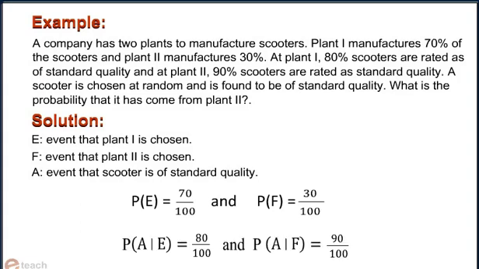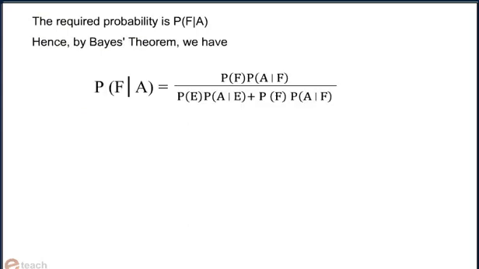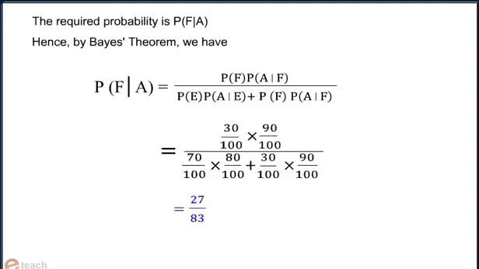Now probability of A given E is 80/100 and probability of A given F is 90/100. The required probability is probability of F given A. Hence, by Bayes' theorem, we have probability of F given A equals 27/83.